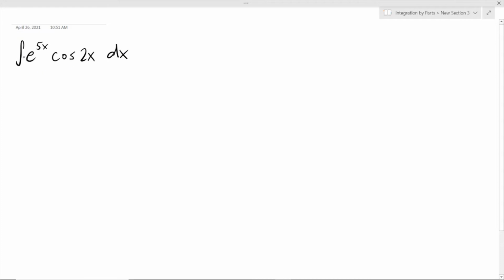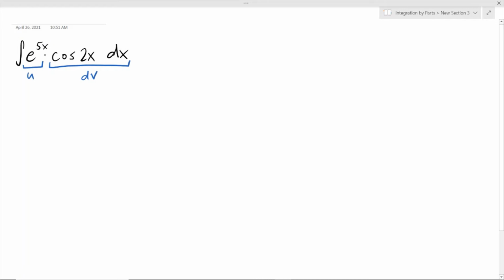So let's just choose, in this case, this to be equal to u, and let's choose this part to be equal to our dv. So this one is a little bit of a different approach. Normally you would choose a u that makes it simpler, but it's not really a simpler derivative for any of them. So that's why we have really no choice.